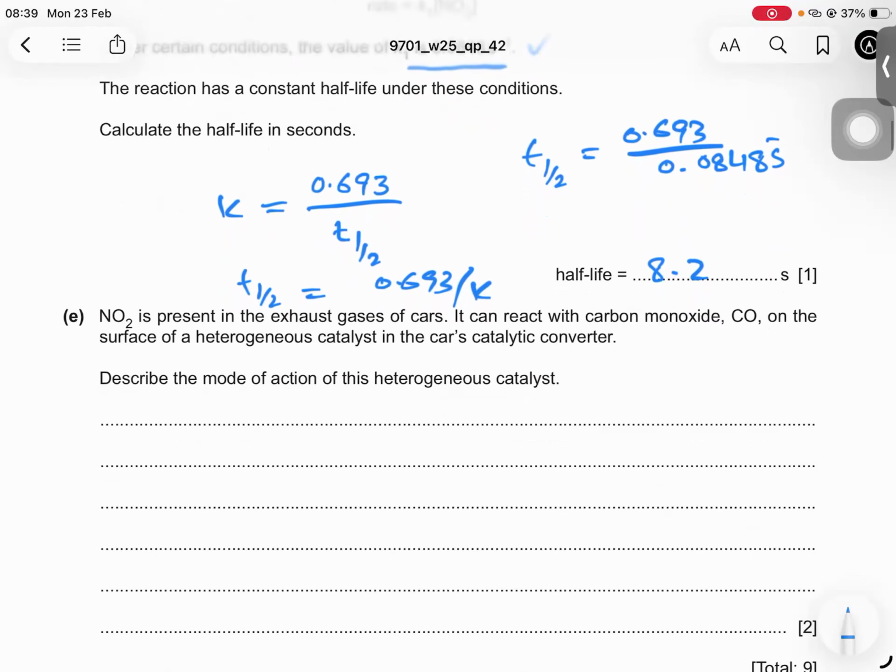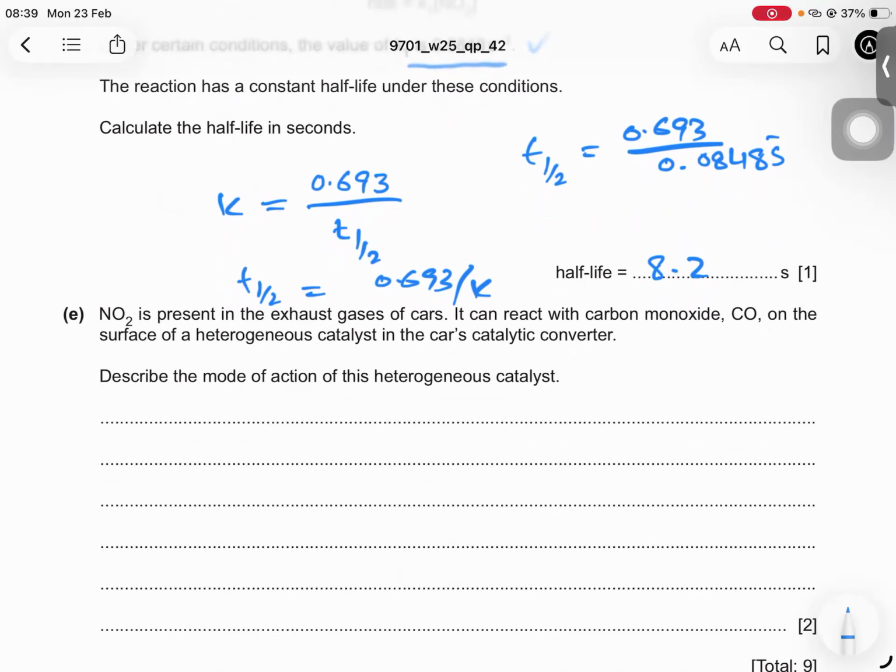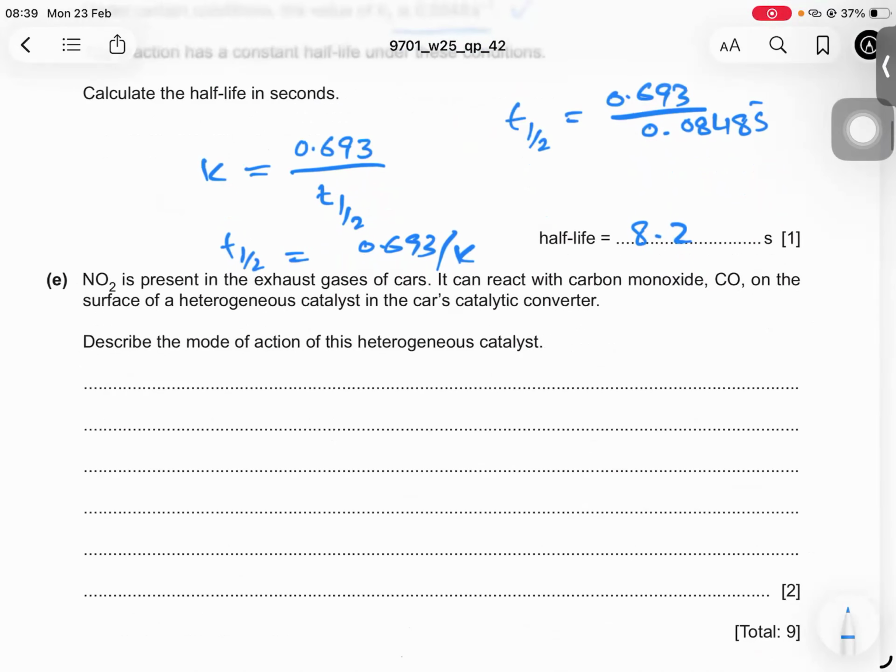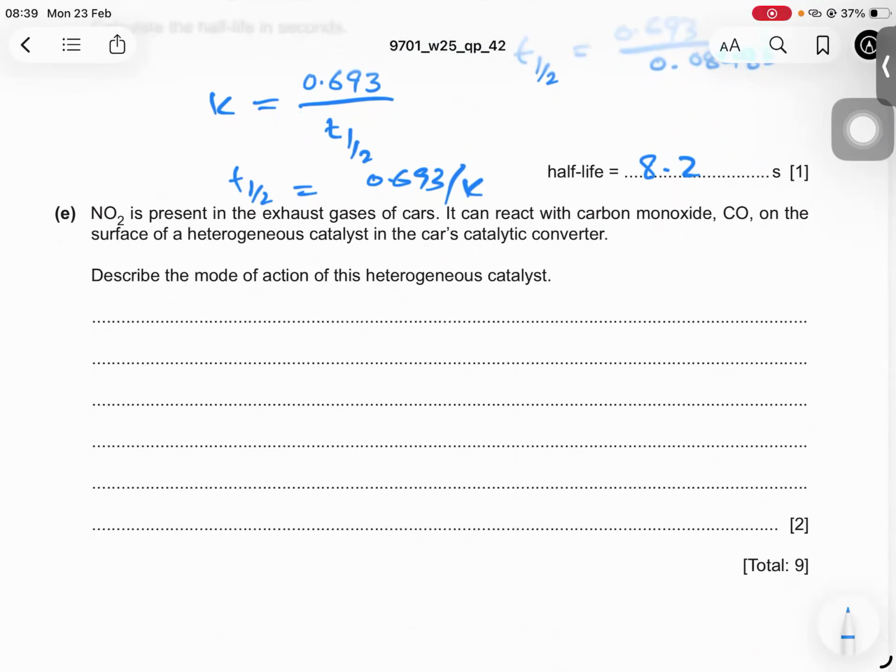NO2 is present in the exhaust gases of cars. It can react with carbon monoxide on the surface of a heterogeneous catalyst in the car's catalytic converter. Describe the mode of action of a heterogeneous catalyst. So if you remember the heterogeneous catalyst, what they do: the reactant gases adsorb on the surface of the catalyst. You remember we said they are like this.